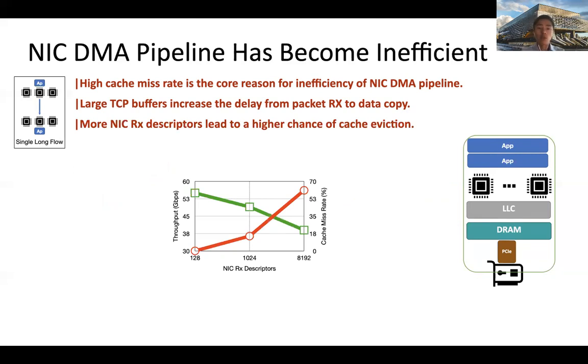Even in the case when the TCP buffers are small and the amount of in-flight data would fit in the L3 cache, we still see this phenomenon. In this case, even the L3 capacity for DDIO is not full. The second packet evicts the first packet from the L3 and leads to a cache miss when the data copy is performed.